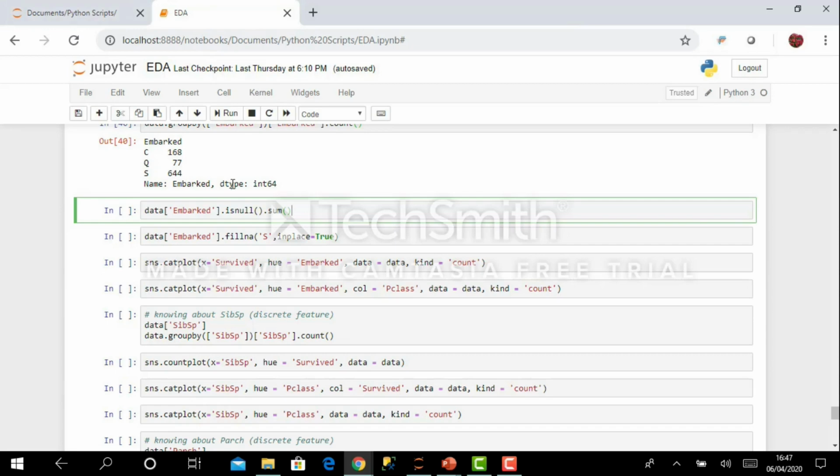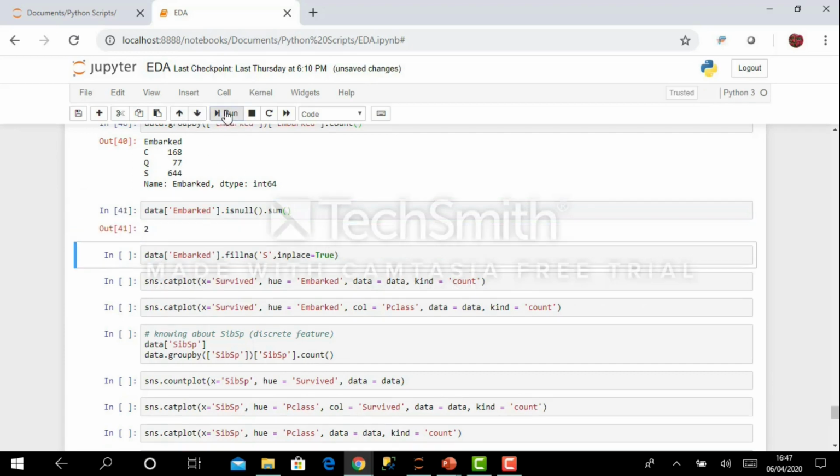Now let us see this data. I will calculate what the null values are for this column. So there are 2 records.